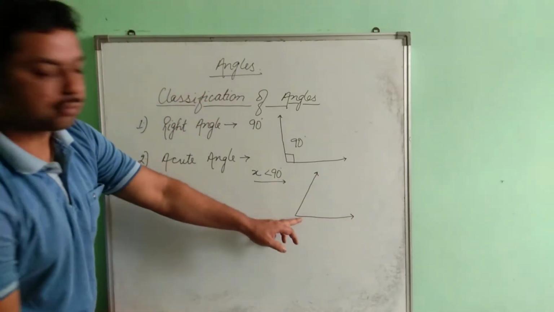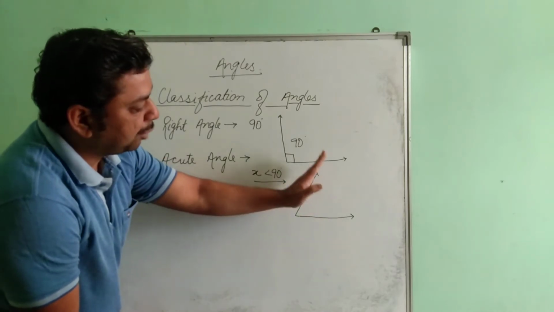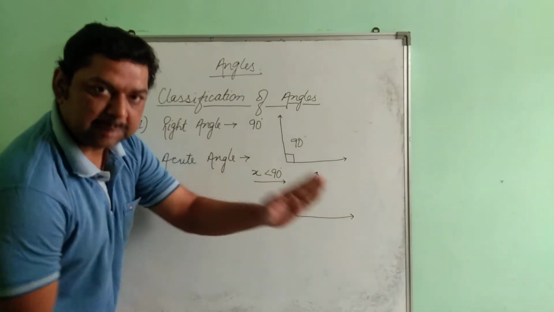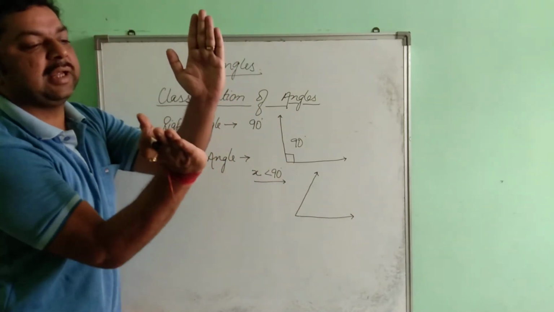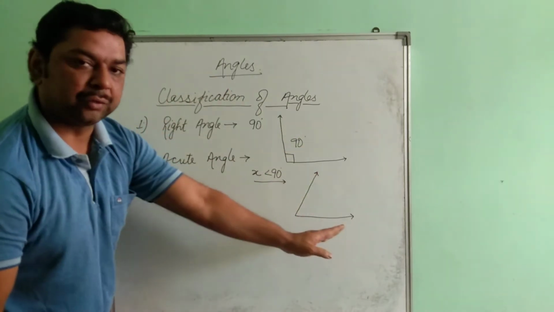That means one ray will be close towards your second ray. जब आपकी एक रे दूसरे रे के पास में आके गिरती है, then that is considered to be your acute angle.